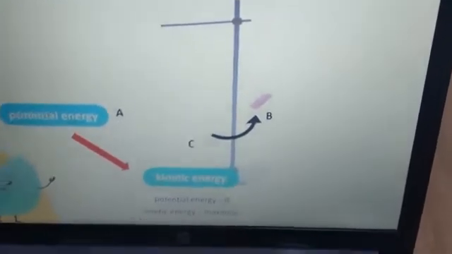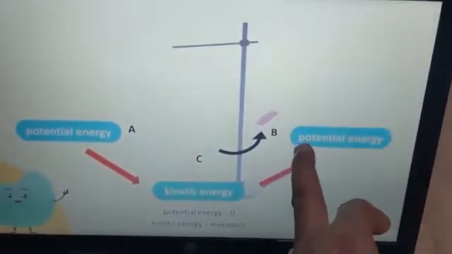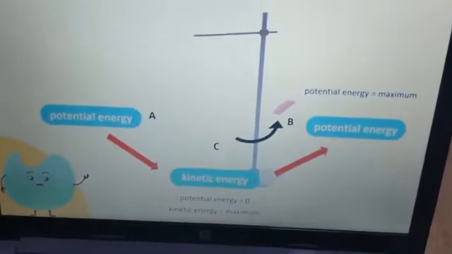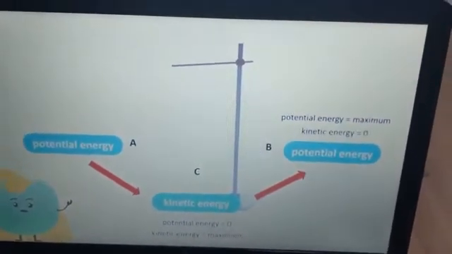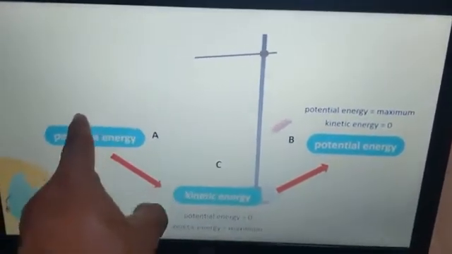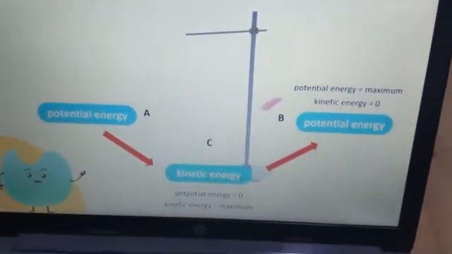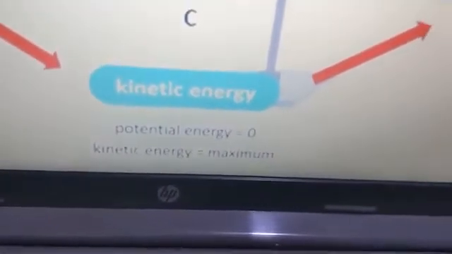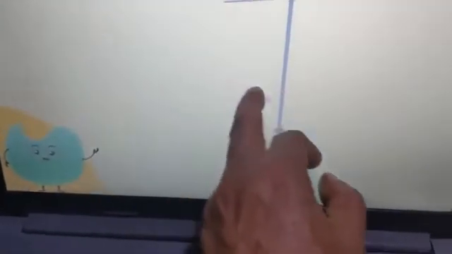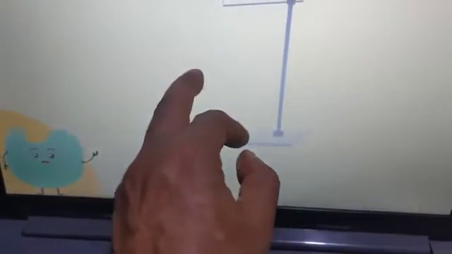Here there is potential energy, no kinetic energy. The maximum potential energy is observed here, kinetic energy is 0. Here the maximum potential energy is observed, no kinetic energy. It moves freely: potential, kinetic, potential, kinetic, potential.